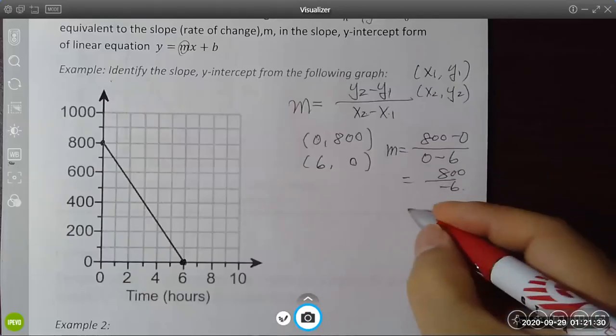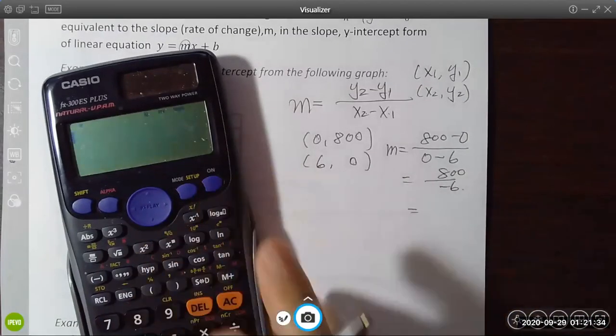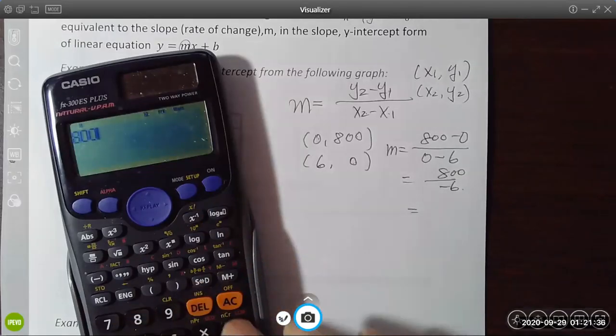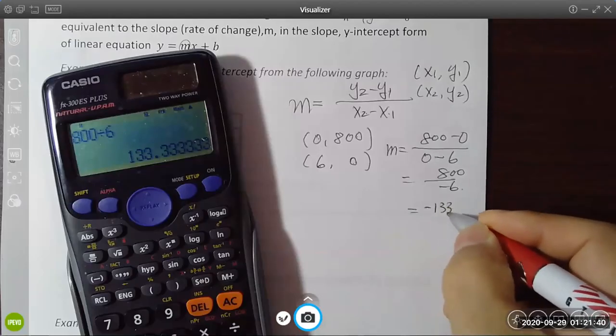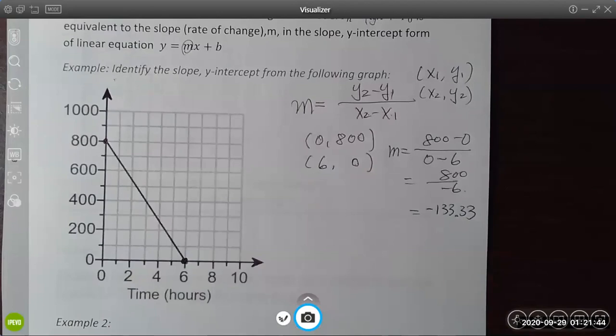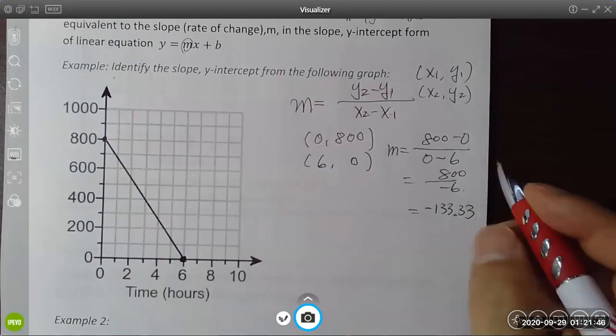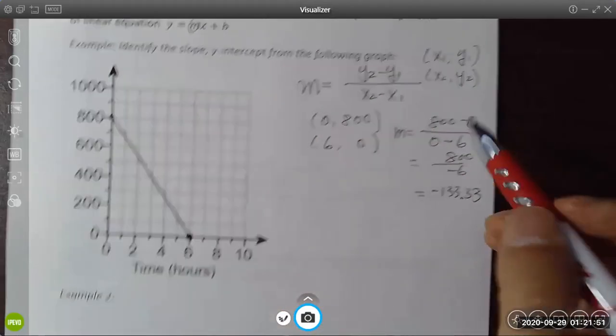Let's do the division: 800 divided by 6, and the result is negative 133.33, depending on how many decimal digits they require and how you round it appropriately. I just do the calculation without concerning that part.